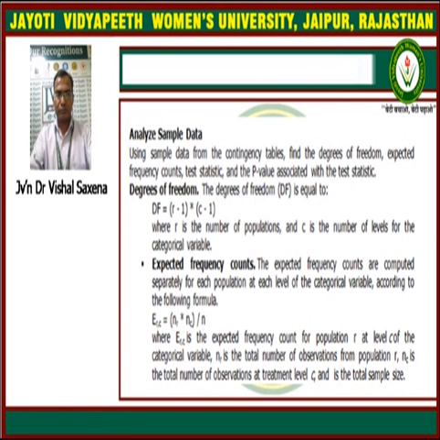Where E(r,c) is the expected frequency count for population r at level c of the categorical variable, n_r is the total number of observations from population r, and n_c is the total number of observations at level c.